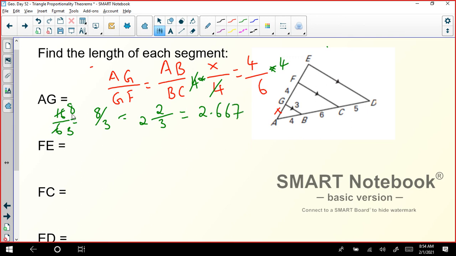Okay, that's your AG. Let's see FE. So I have now to find FE. I have the value of X, which is 2.667. So let me fill this in as 2.667.